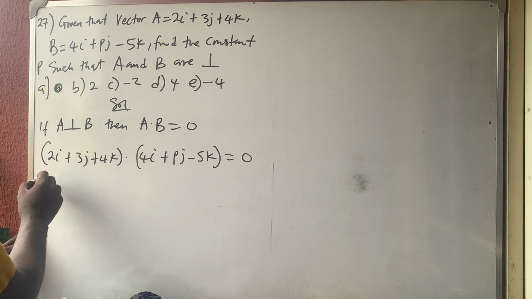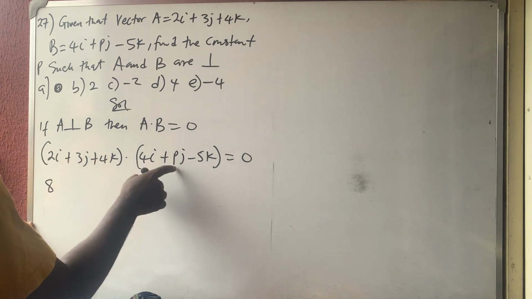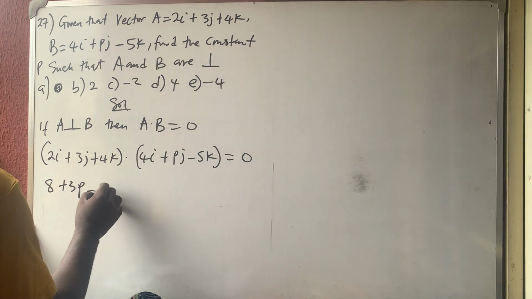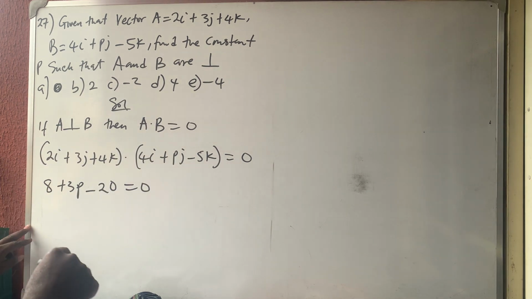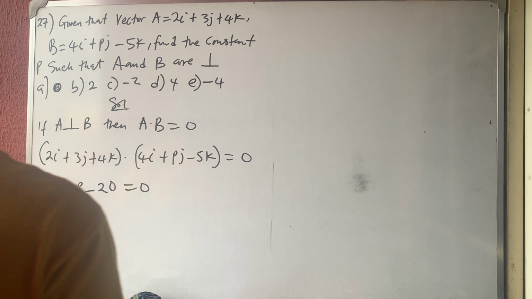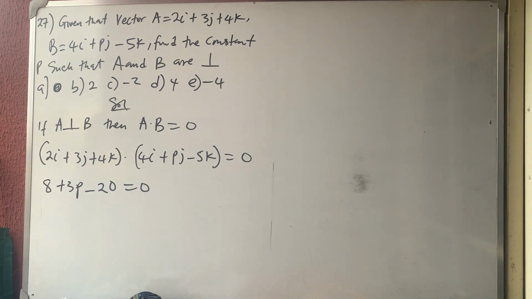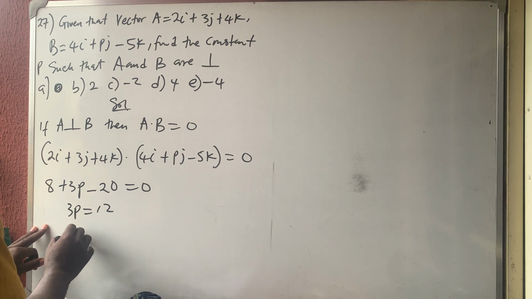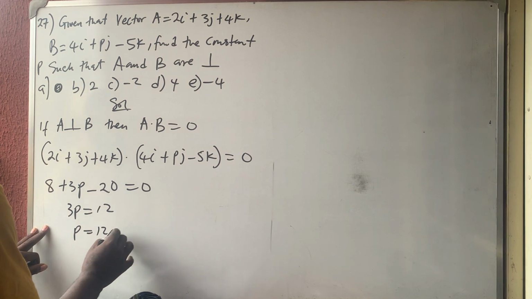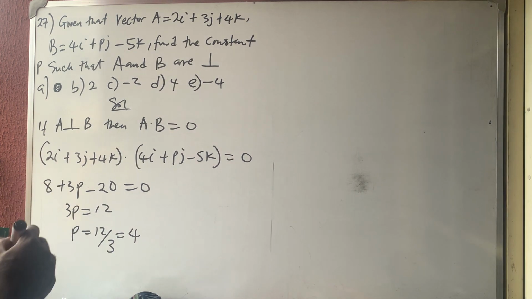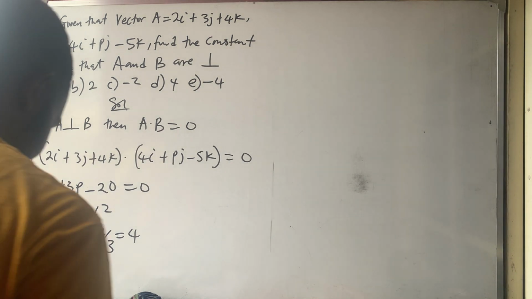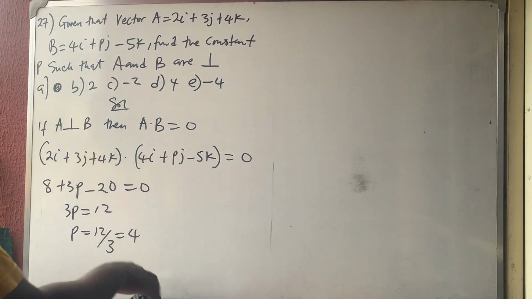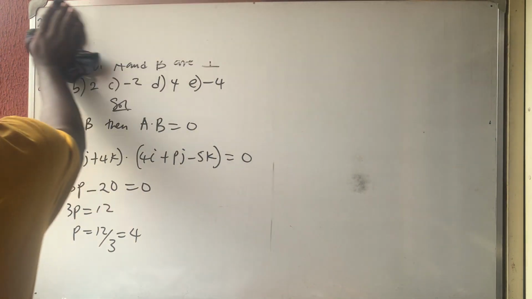So this is giving me 8, this is giving me 3p, this is giving me minus 20, equal to 0. So this is 12. So 3p is equal to 12. So p is equal to 12 by 3, which is 4.